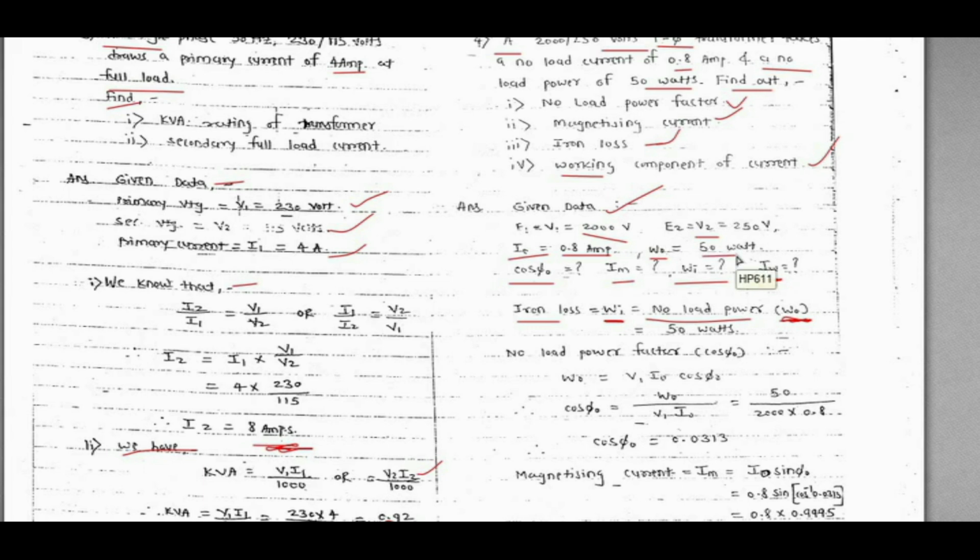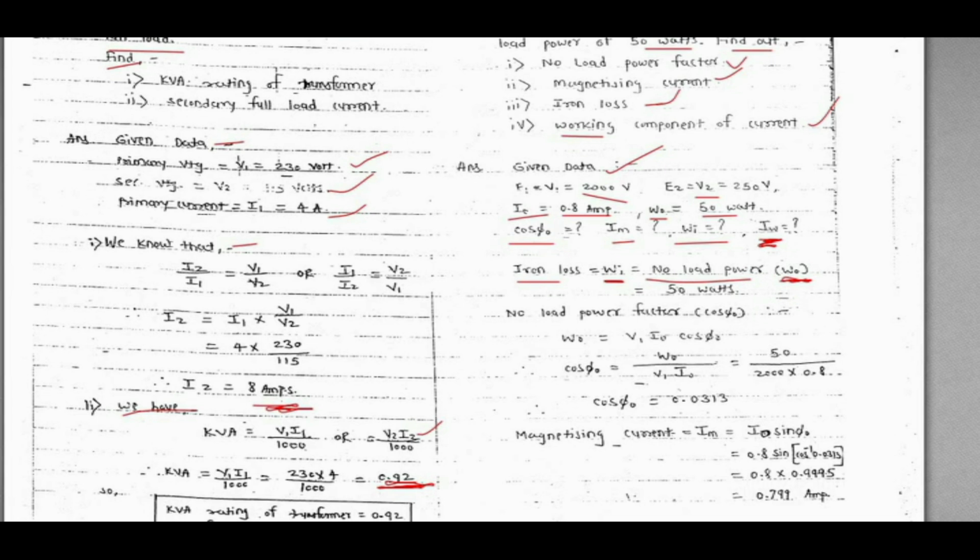No load power is denoted by W0 and it is nothing but iron loss, you have to remember. It is also denoted by Wi. That is already given here, just write it here, 50 watt. No need to calculate, already given.